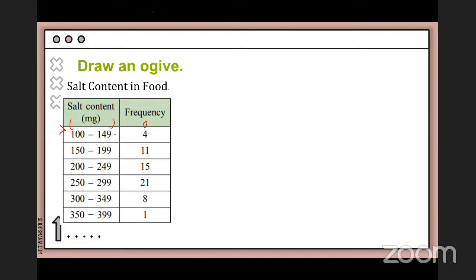Hello? Did anyone have any idea? We have to add one class before it with a 0 frequency, right? So what is the class? From how much milligram to how much milligram?